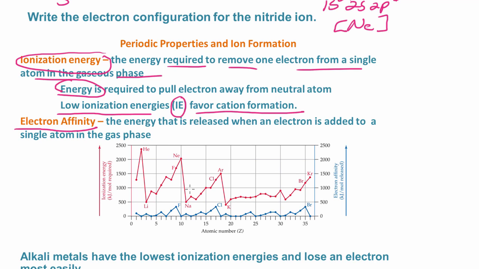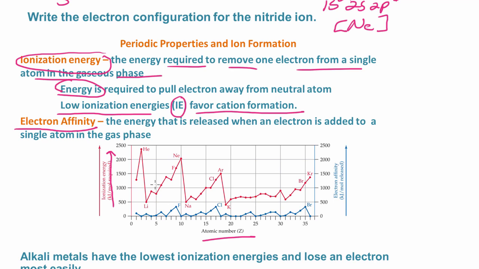So we can see the trends here on this graph. On this graph, what we have is ionization energy increasing as we go up. And here we have atomic number. Elements are arranged by Z. And look at these peaks and these valleys. What this tells us is that when we go down a group on the periodic table, the ionization energy decreases.